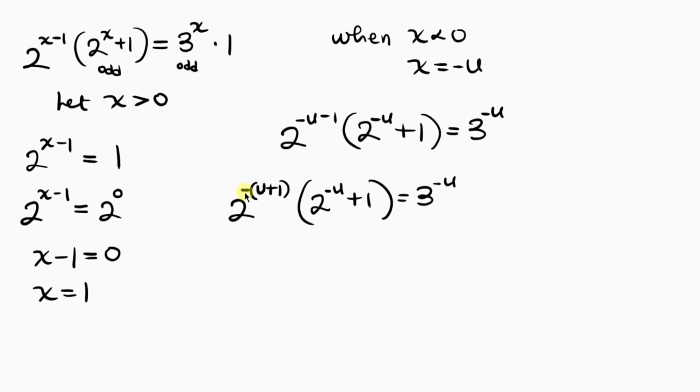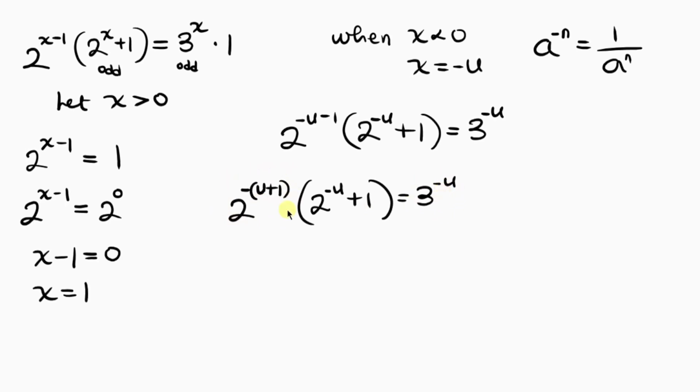Now, from indices, for example, when I have a raised to a power of a negative, that means if we have a negative power, this represents an inverse. That means it is same as writing 1 all over a to the n. And this is what we're going to be applying here on the left and on the right.